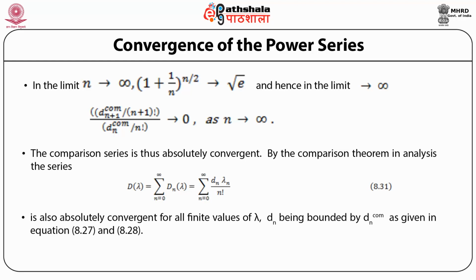By the comparison theorem in analysis, the series D(λ), the sum over D_n(λ) from 0 to infinity, equal to the sum of D_n λ^n by n factorial, n equal to 0 to infinity, is also absolutely convergent for all finite values of lambda, D_n being bounded by the comparison series as given in equations 8.27 and 8.28.